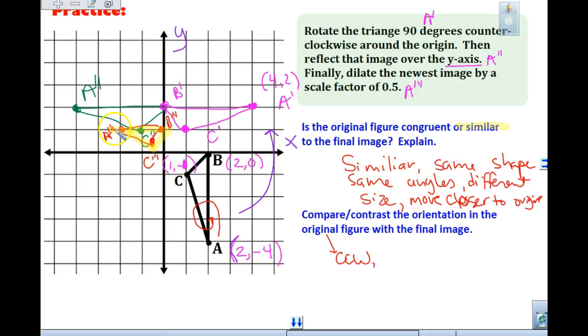The new one, I go from A to B to C. A to B to C. So I went counterclockwise to now being clockwise.